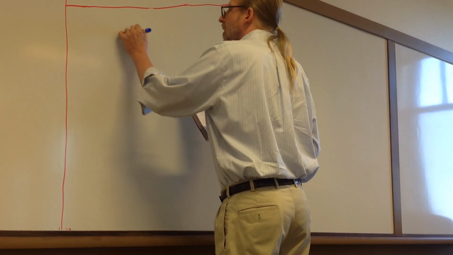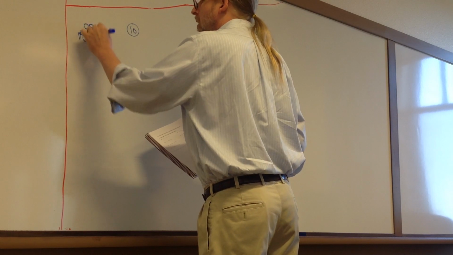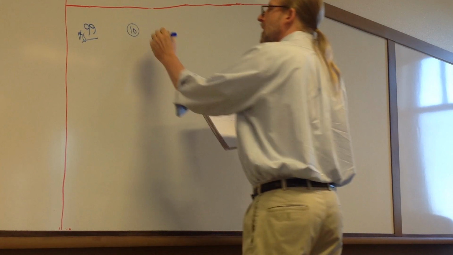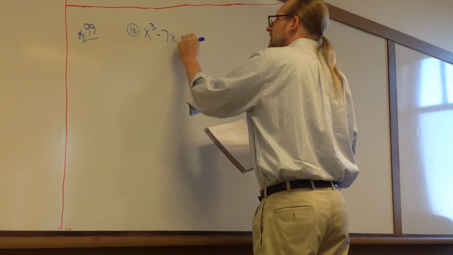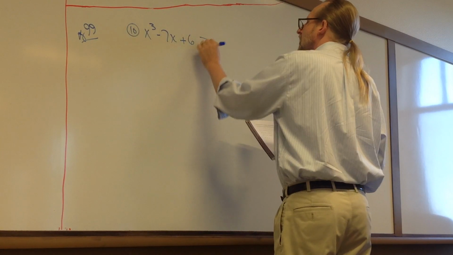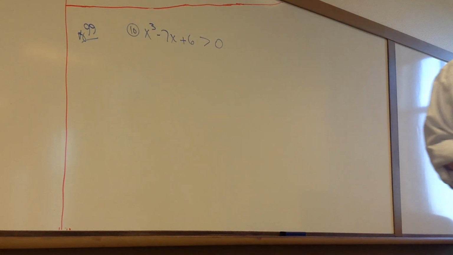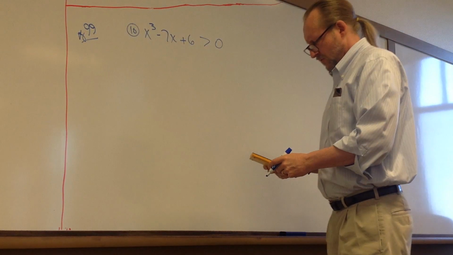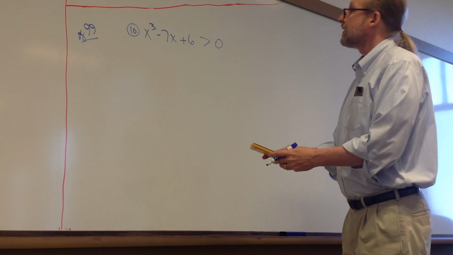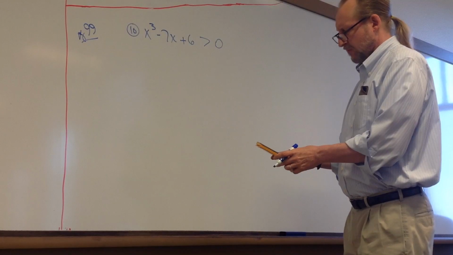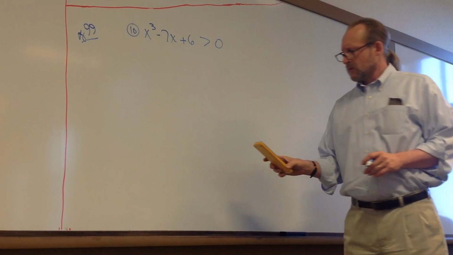Problem 10, and these are on page 99. Problem 10 says x cubed minus 7x plus 6 greater than 0. So, just like we did before, what we want to do is graph this, minus 7x plus 6, and see what it looks like.